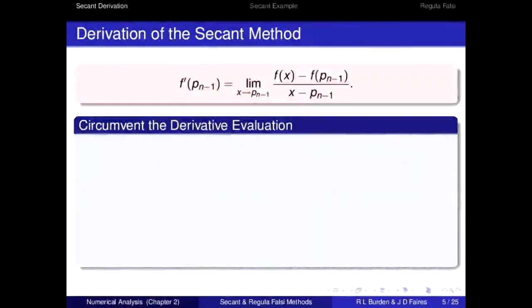We start with the derivation. The derivation is basically the definition of the derivative.